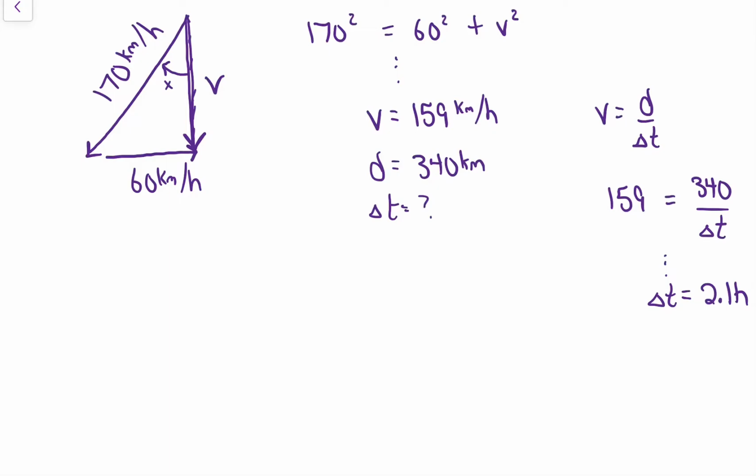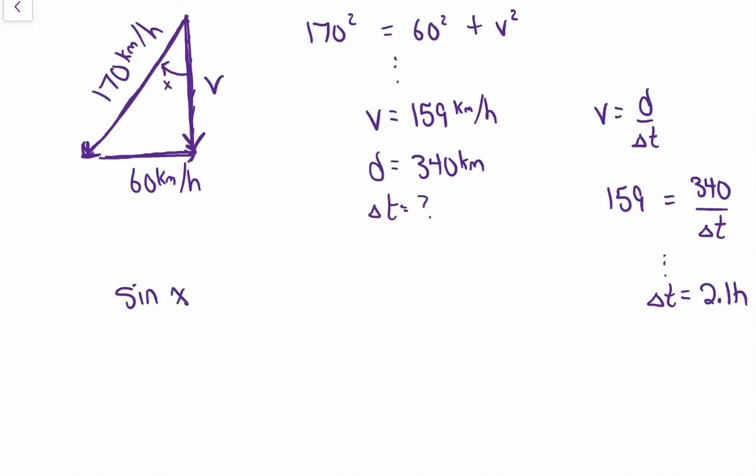If we go back to the purple triangle, I know that the opposite side to the x is the 60, and I know the hypotenuse is 170. I know the adjacent side now too, but I don't want to use a rounded off number. So doing SOHCAHTOA thinking, that's a sine relationship.